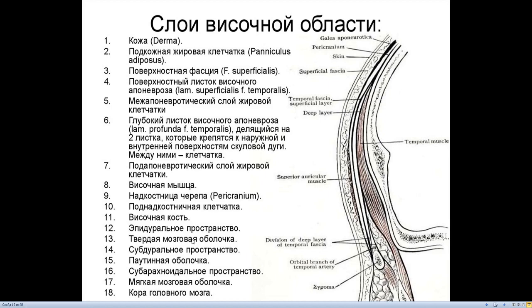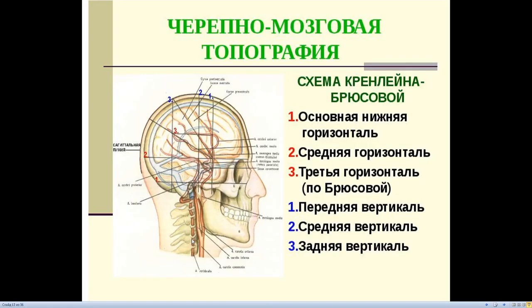In this region also, you must pay special attention to the Kronlein-Brussels scheme. These schematic lines give the ability to understand the place of projection of gyri and sulci of the brain on the external surface.